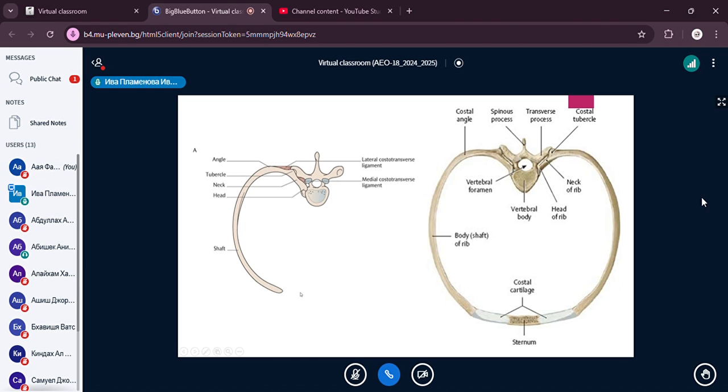Here should be the sternum. At the back, we have two joints, costovertebral. At the anterior side, we have cartilage, costal cartilage, between the rib and the sternum.